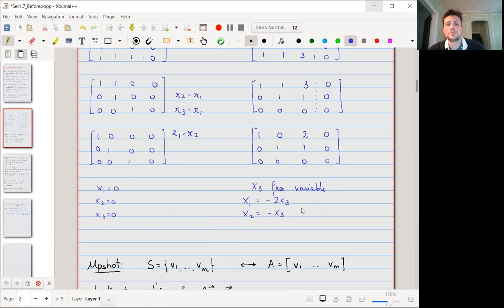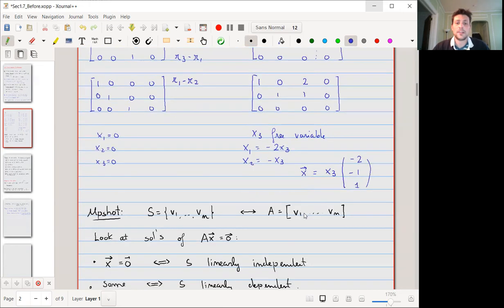Solutions to this linear system will have the following form. X will be a multiple of x3 by this vector, -2, -1, and this should be a 1. So there's infinitely many solutions, and they all have this form. Let's wrap this up.